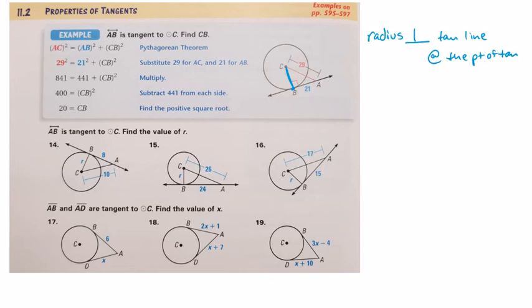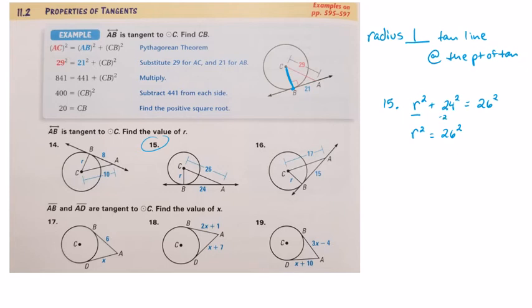Alright, so that means those two lines intersect, so it forms a right angle and a right triangle. So you can use the Pythagorean theorem to figure out what the radius is. So I'll do number 15. I'm going to set up using the Pythagorean theorem with the two legs: r squared plus 24 squared equals 26 squared. And I need to solve for r, which means r squared equals 26 squared minus 24 squared.